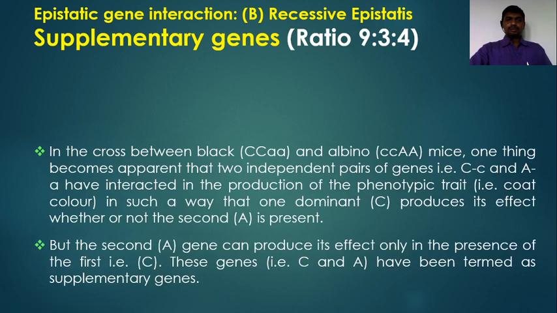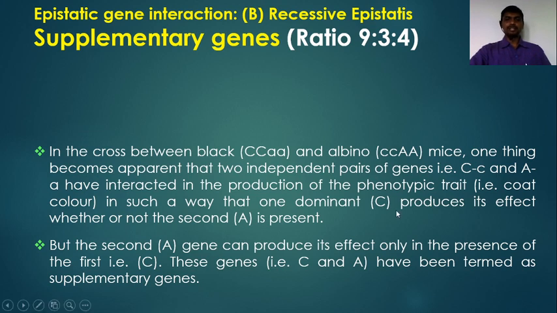So in the cross between black and albino mice, one thing becomes apparent: two independent pairs of genes, that is capital C small c and capital A small a, have interacted in the production of a phenotypic trait, that is the coat color, in such a way that one dominant C produces its effects whether or not the second gene A is present.